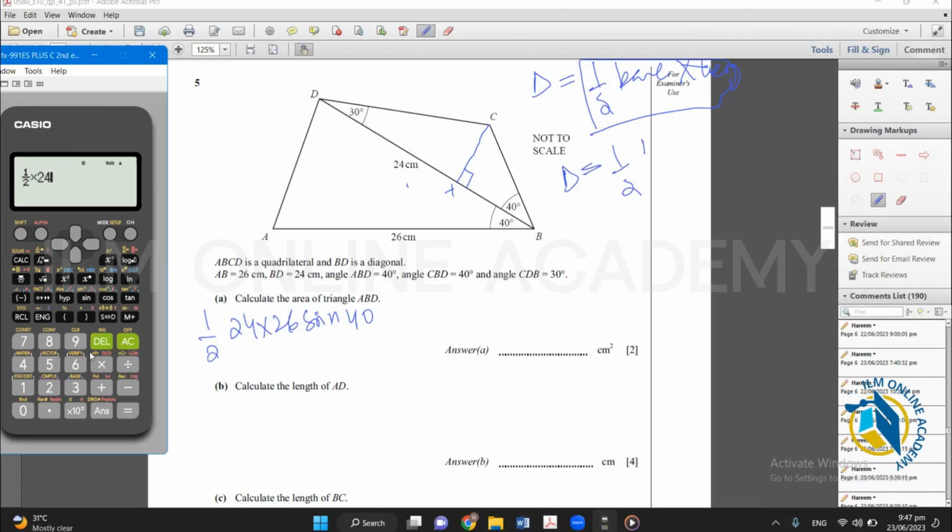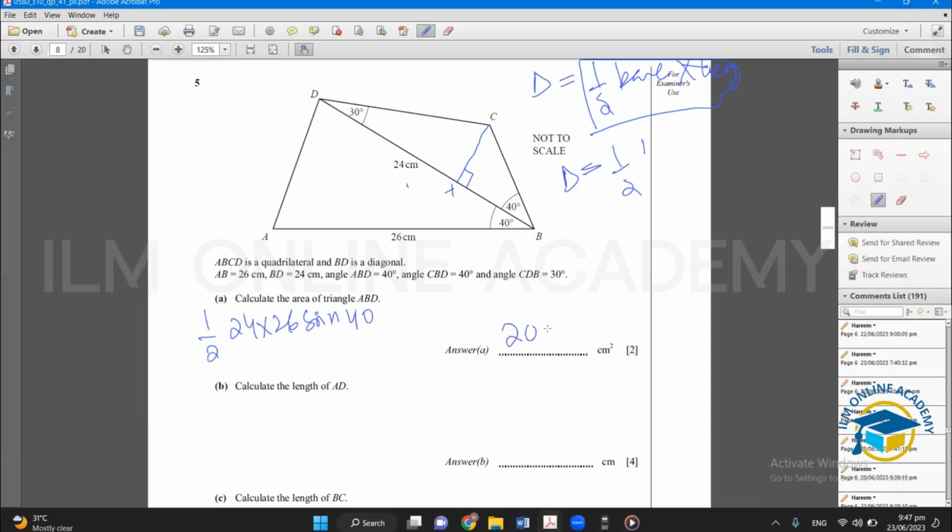1/2 multiplied by 24 multiplied by 26 and multiplied by sine 40, which is 200.5. So our answer is 200.5 centimeters square. Now we have to calculate the length of AD, which is this.